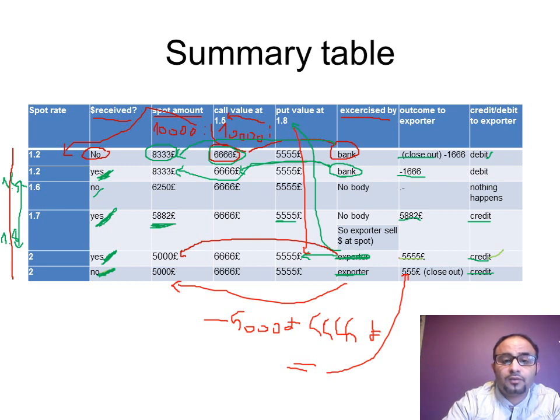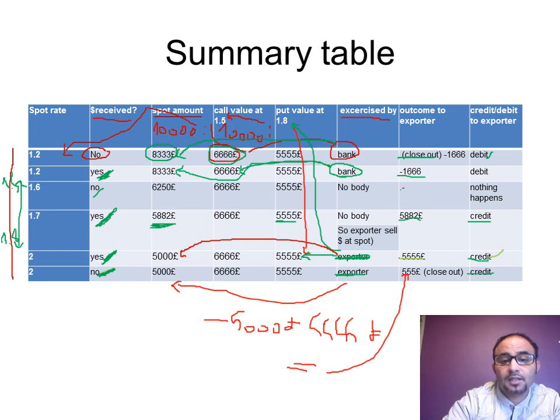Then we have the spot amount, which is simply the amount that you are actually waiting to receive, divided by the value of your spot rate. The same thing applies to the call value of the option.